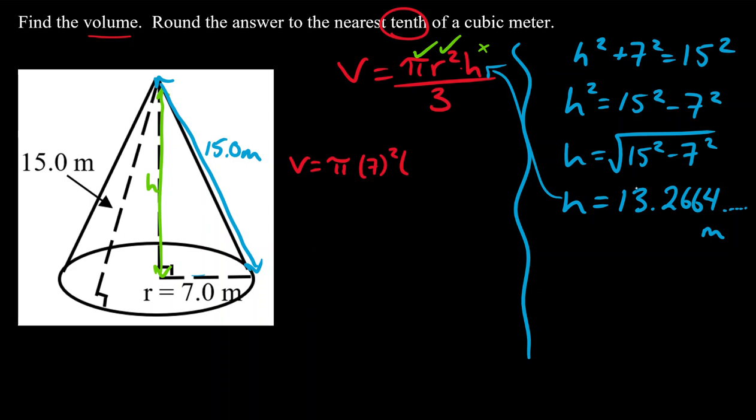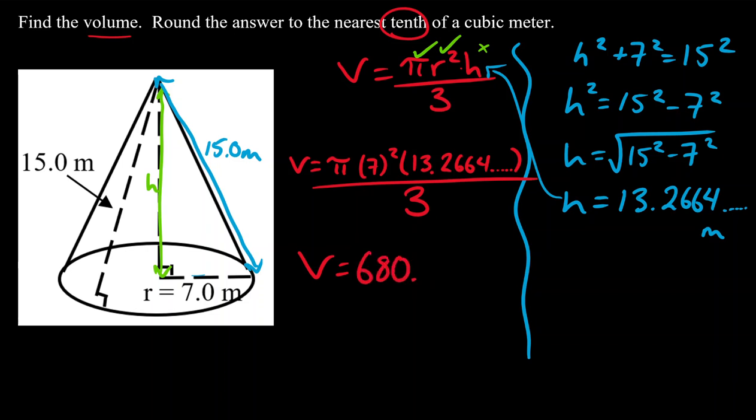And our h is the value we just got, 13.2664..., divided by 3. So when I do this calculation, I end up getting 680.7396... cubic meters.